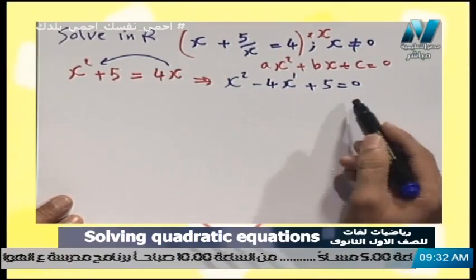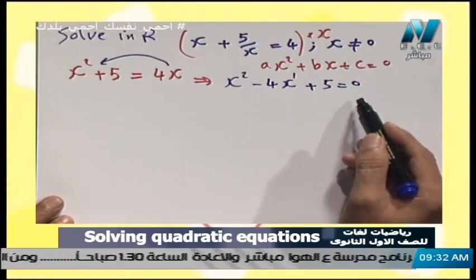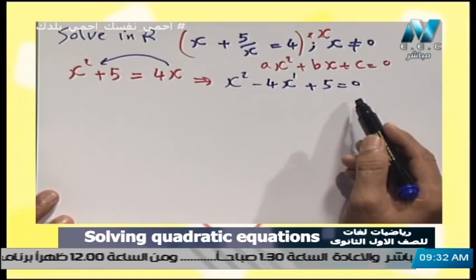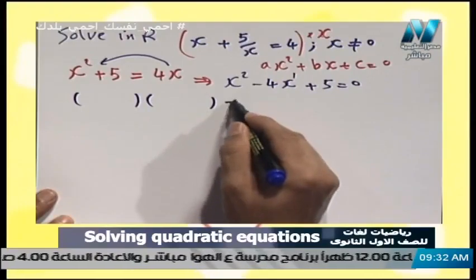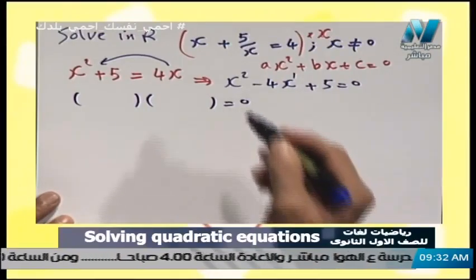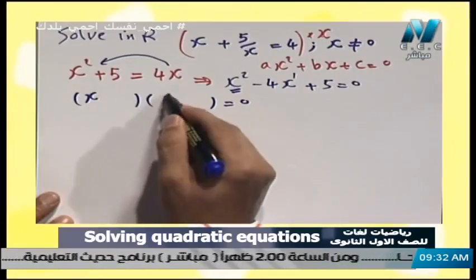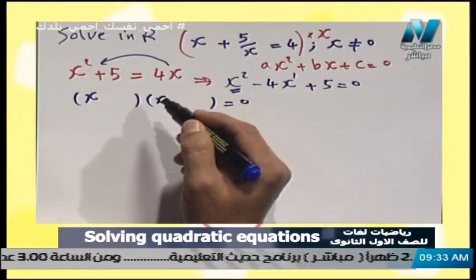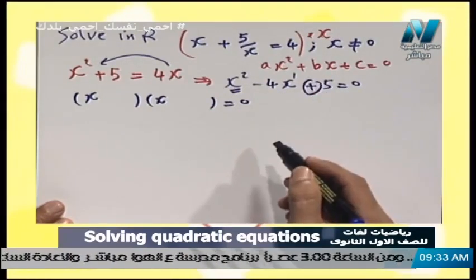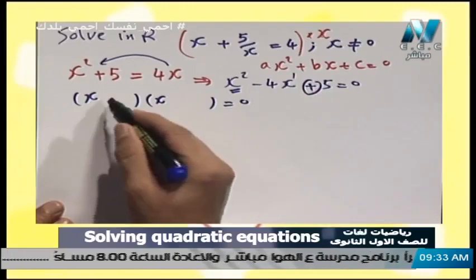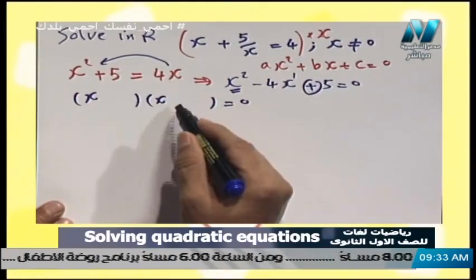So we have a very simple quadratic equation here. We can solve it using factorization. Of course, the solution will be easy. We factorize x power 2 here to be x multiplied by x, and we have here positive. Positive means that here positive multiplied by positive, or negative multiplied by negative.